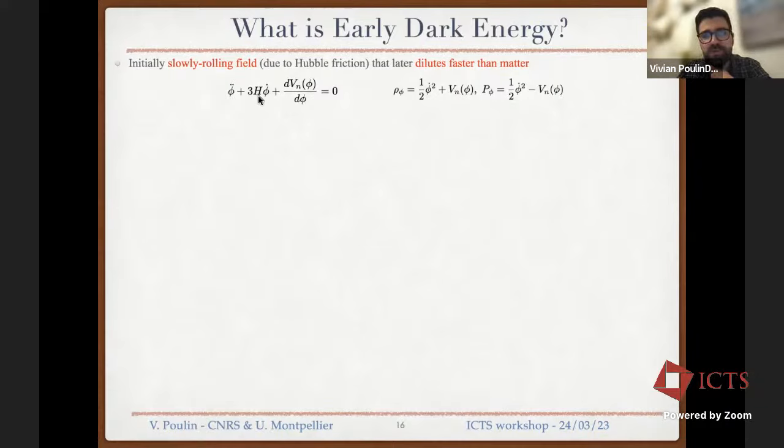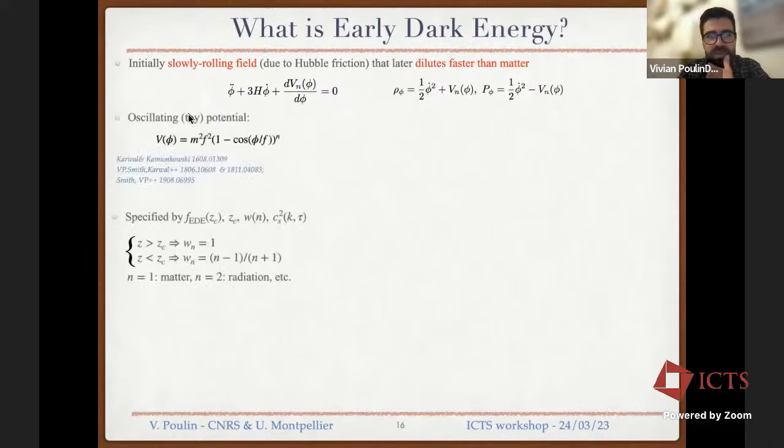And at some point, the potential term, or the mass of the field, is going to overcome the friction term, and the field is going to start to dilute. And one of the key things that you have to do, if you don't want to mess up the data, is have the field dilute faster than matter.